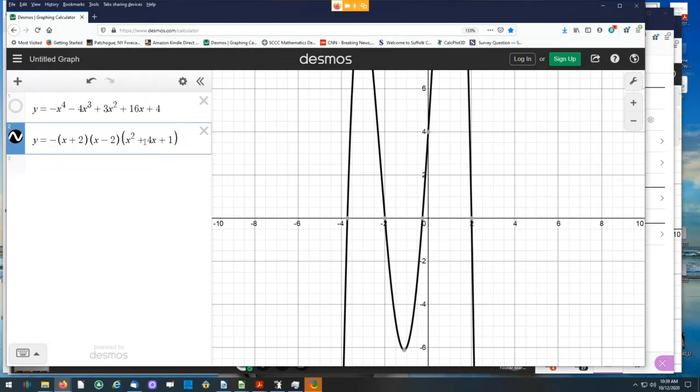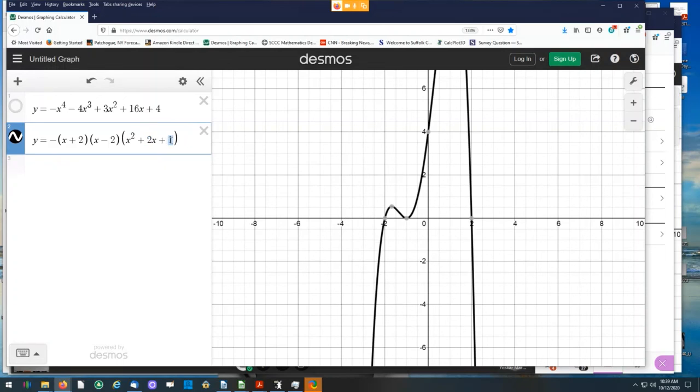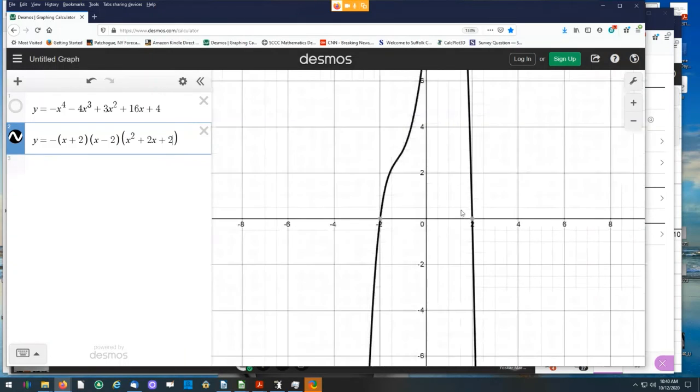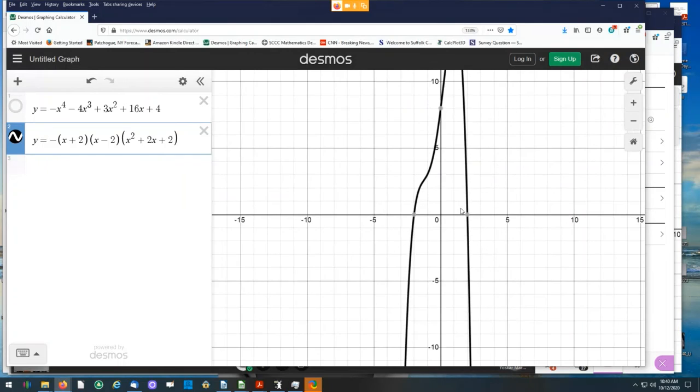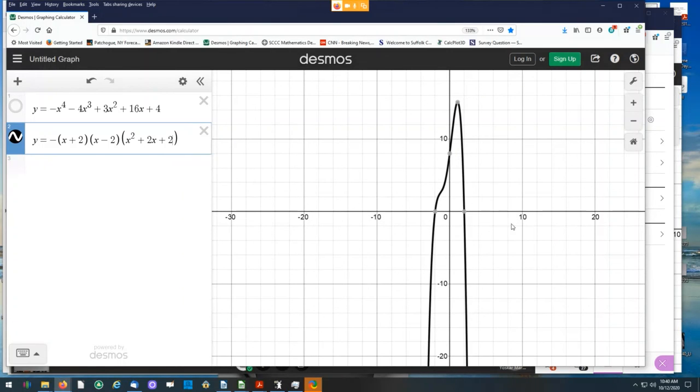Let me just change this to x squared plus 2x plus 2. Now this is still a 4th degree polynomial over here, but notice it only passes through 2 places. So you can see that I only have 2 real crossings, or real zeros, if you will, of the function.